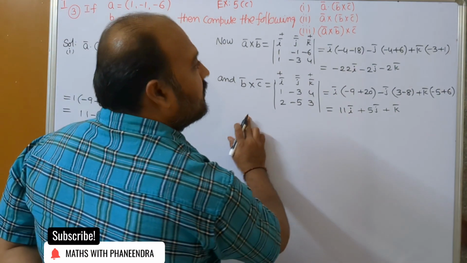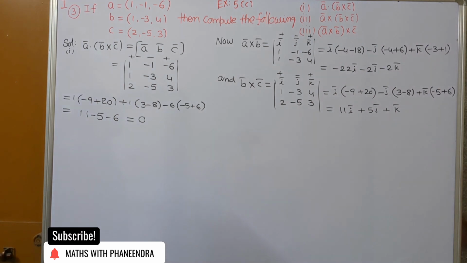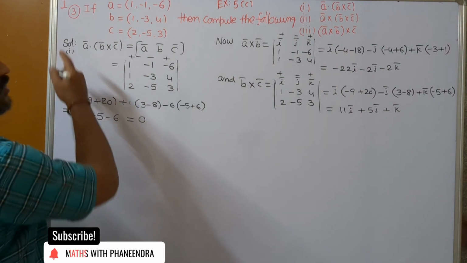So after that, A bar cross, B bar cross, C bar. So the first question is over.